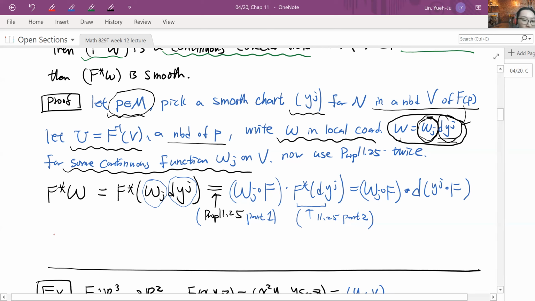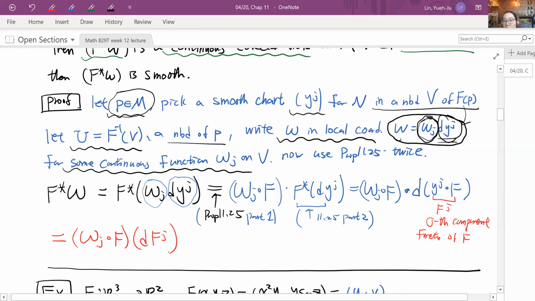Let me rewrite it: you can call this fj, the j-th component function of f. Sometimes it might be helpful to think of this as the differential of fj. Either way, what we need for this proposition is right here. This is the new component function we want.